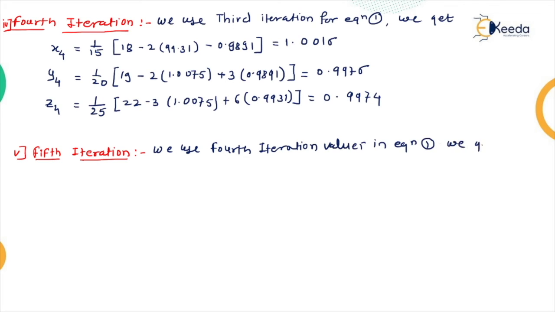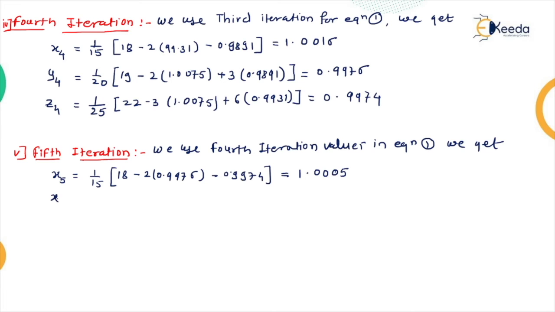For x5, it is 1 upon 15 times the bracket 18 minus 2 times 0.9976, the value of y4, minus the value of z4, 0.9974. After calculating, we get 1.0005.